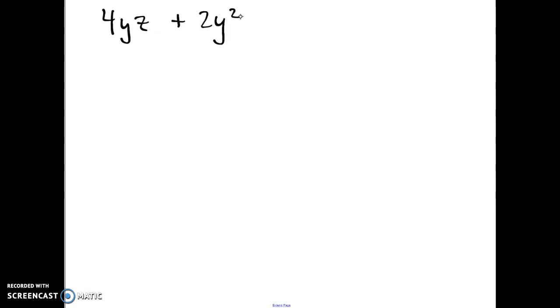I can put those together in a polynomial, and now I can use this greatest common factor to factor the polynomial. So I looked at these two terms individually and said, okay, the GCF is 2y. That means that there's a 2y inside each of these terms that I can factor or reverse distribute out.